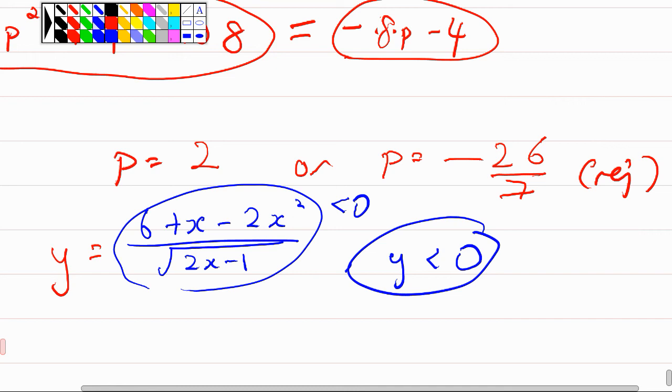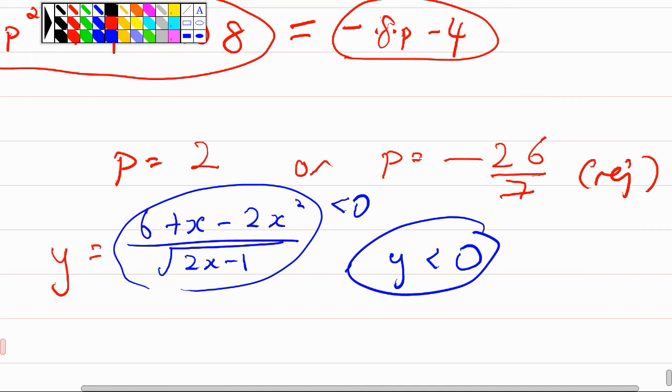Now this is 2x minus 1 less than 0. I still cannot multiply over. Actually I can, because 2x minus 1 is more than 0. So the end of the story is I just need the top part to be less than 0. You understand? So I don't have to consider the bottom part.